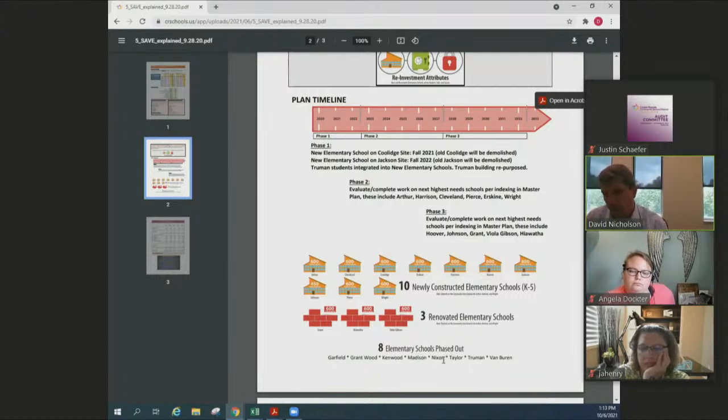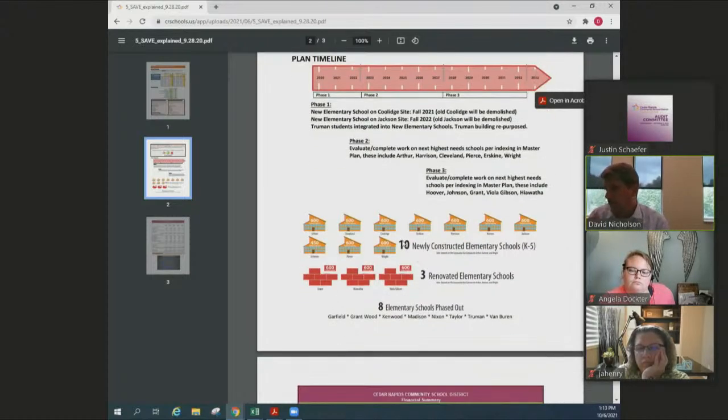We don't know what all these schools will be, and we don't know necessarily if we will actually end up doing this with all the schools. But we know Truman is getting phased out as a regular attendance center for elementary schools. It may still have another purpose for the district, but that has not yet been totally set.